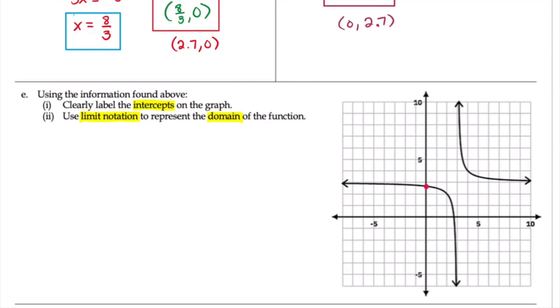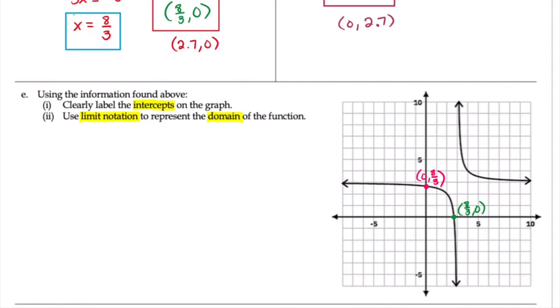The y-intercept here, roughly the point 0, 8/3, or 0, 2.7. The x-intercept is the point on the x-axis, which is right here. That point is 8/3, 0, or 2.7, 0. So part A, I've labeled my x and y-intercept.